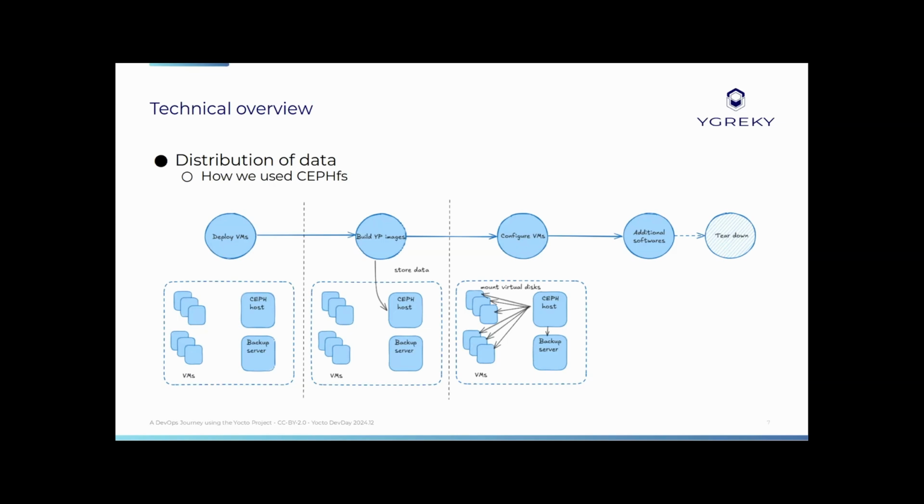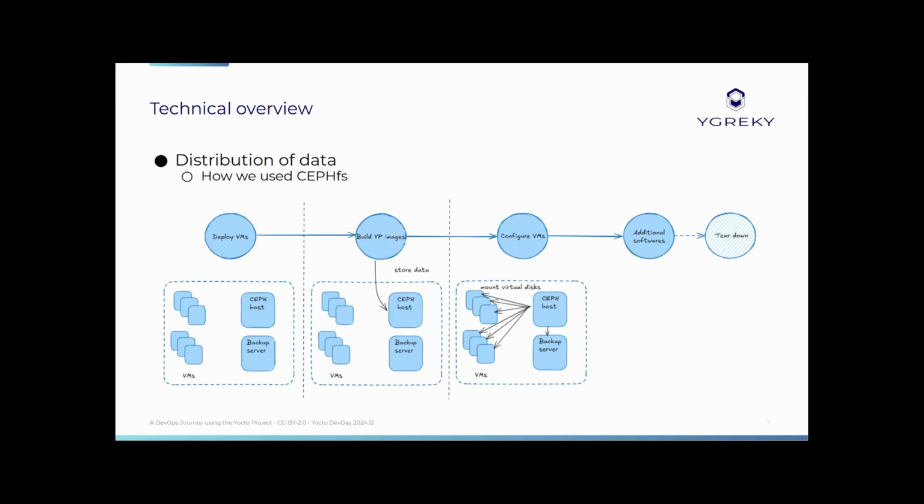So Ceph file system, for those who aren't familiar with it, is a distributed file system designed to provide scalable, highly available, and resilient storage. And one of its key features is that data is distributed across multiple servers to ensure redundancy and fault tolerance. This particular feature is what we needed to store our Yocto builds data and distribute them to each student machine.